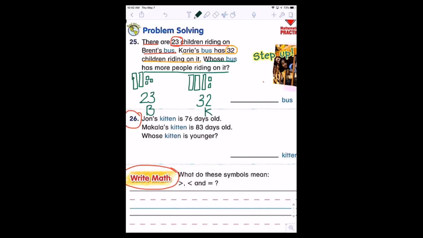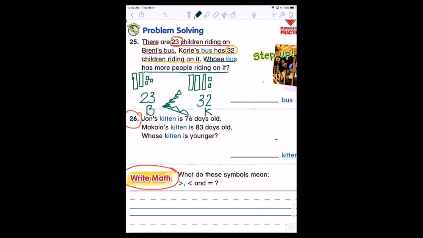Who has more children in the bus? Brent or Carrie? Azul. Unmute yourself, Azul. Carrie's bus. Okay, so then my symbol would be going this way, because 23 is less than 32. Okay, remember, we read it like if we are reading words.